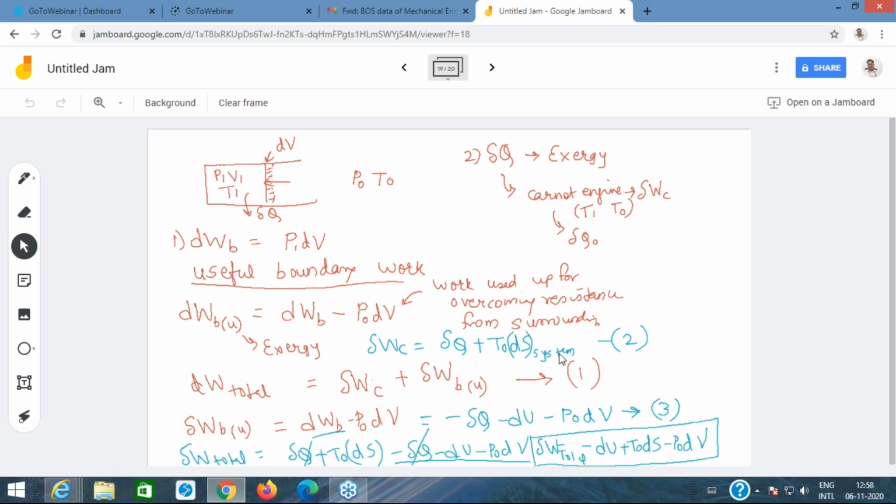Then we summed up the two for calculating the total work potential, which is del WC plus del WB.